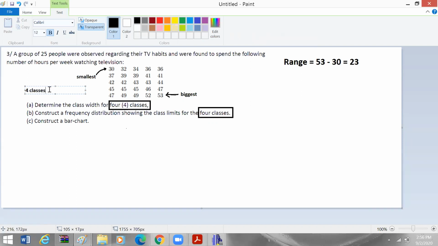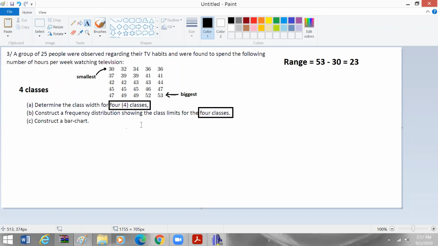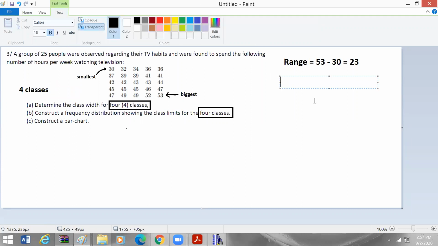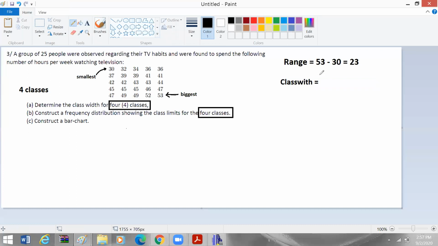So we have to be careful with this, and make sure that we open our eyes a little bit bigger, because I know most of you have really big eyes, even though I haven't seen your faces. There will be 4 classes that the question wants. So when we determine the classes, we take 23 and divide it by 4, because I want to divide all of these chunks into 4 equal pieces.